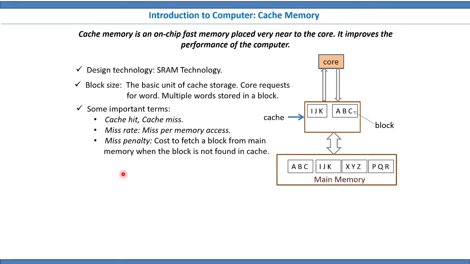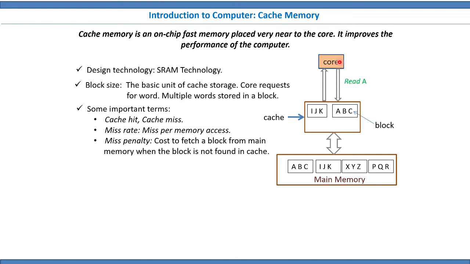Some important terms related to cache, but before explaining them, let me show you an animation. Concentrate here. Suppose the core is requesting a word called A. How will it request? I'll ignore the low-level details from the next slide onwards, but here I'll explain at low level.